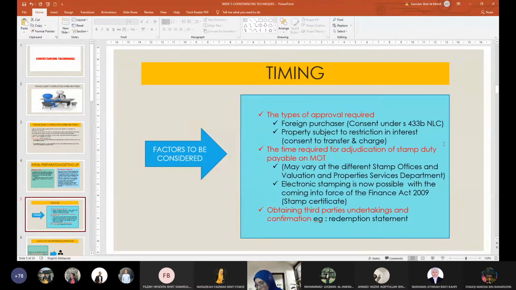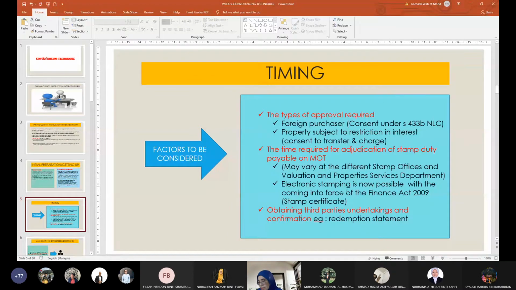Then when we do the drafting, we have to put in a clause to exclude certain time taken during the process. For example, sometimes when we do the drafting, we will put in our SMP that if the vendor fails to issue the undertakings within 14 days, whatever extra days they take after that is not counted towards the completion date.